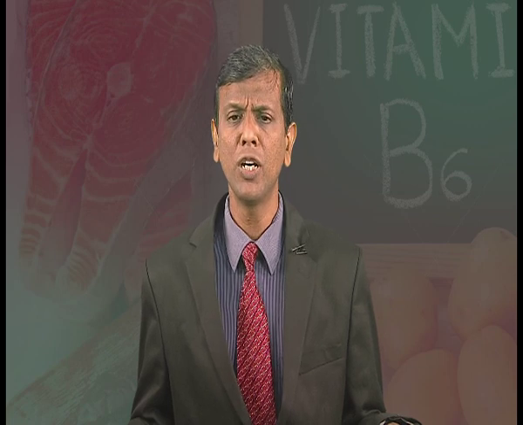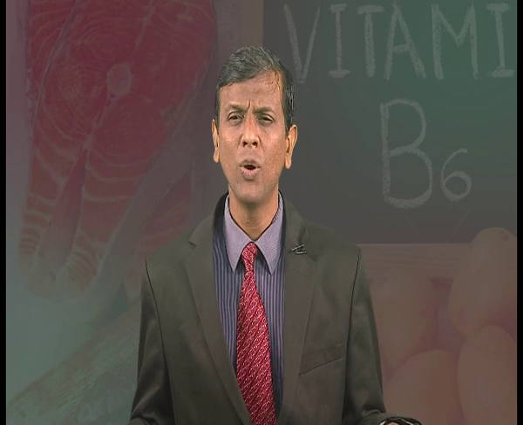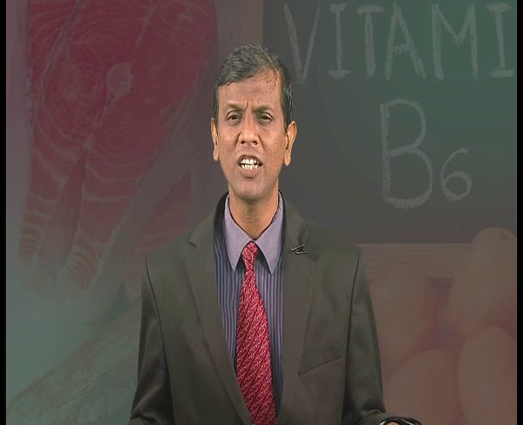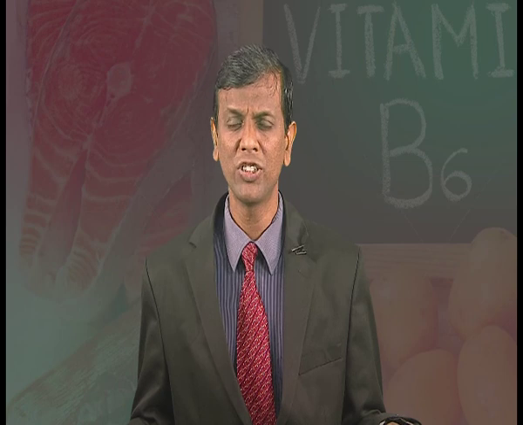And the third question would be: classify various symptoms connected with seizures linked with vitamin deficiency. So in other words, what are the kinds of neurologic complications that can result from pyridoxine deficiency?